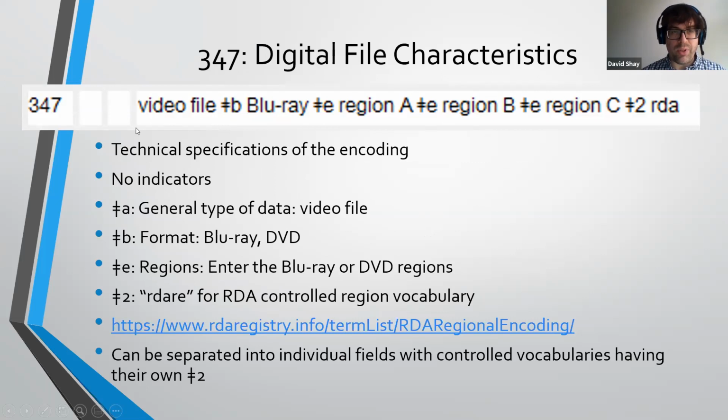So we've got subfield A for general type of data. This is a video file. Format in your subfield B, Blu-ray versus DVD. Then in your subfield E, you're going to want to enter your Blu-ray or DVD regions. What kind of regions is your Blu-ray or DVD set to? So DVDs, the United States is region 1.